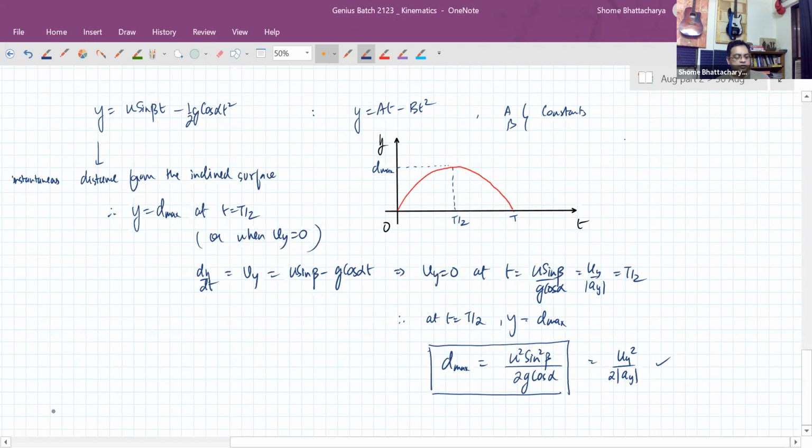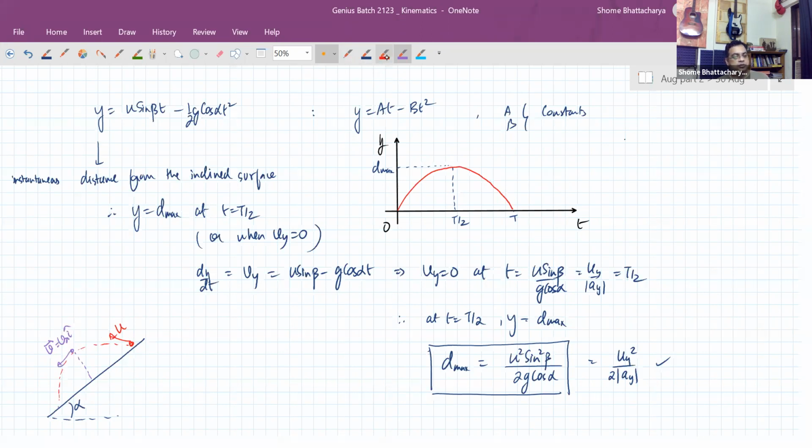And the other interesting thing you will also understand is that at that instant when it reaches the maximum distance with respect to the inclined plane, the velocity of the particle is parallel to the inclined plane because vy is becoming 0 now. So not only is it half the time, but the velocity at this moment is also Vx i cap, though that Vx is not u cos beta, because we have an acceleration along the x-axis.